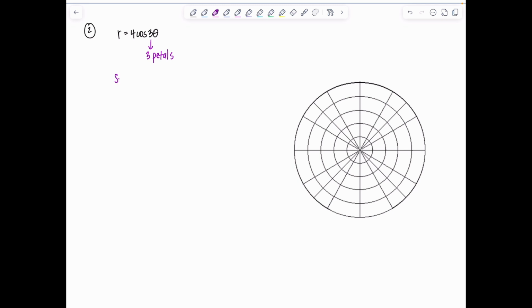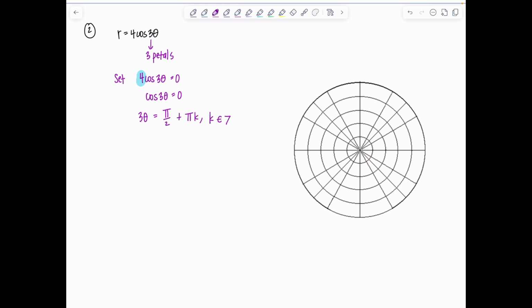So you set r equal to 0. Notice a is irrelevant in this process. If you want to just ignore it and jump to just setting cosine 3 theta equal to 0, that's cool too. So now we have to think, when is cosine 0? Cosine is 0 at pi over 2 plus pi k, where k is an integer.